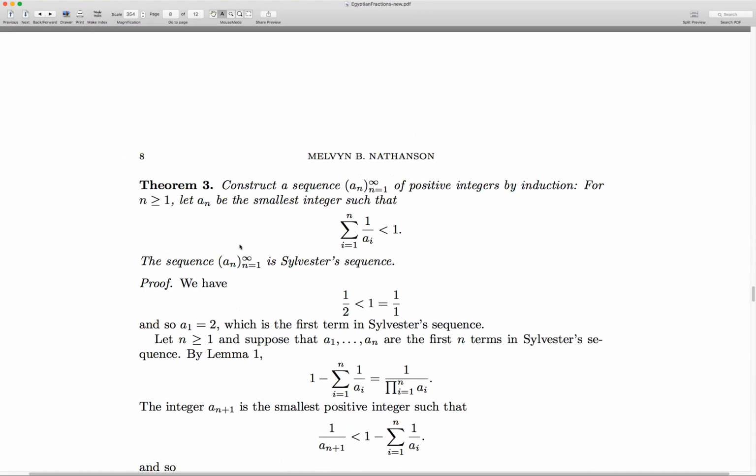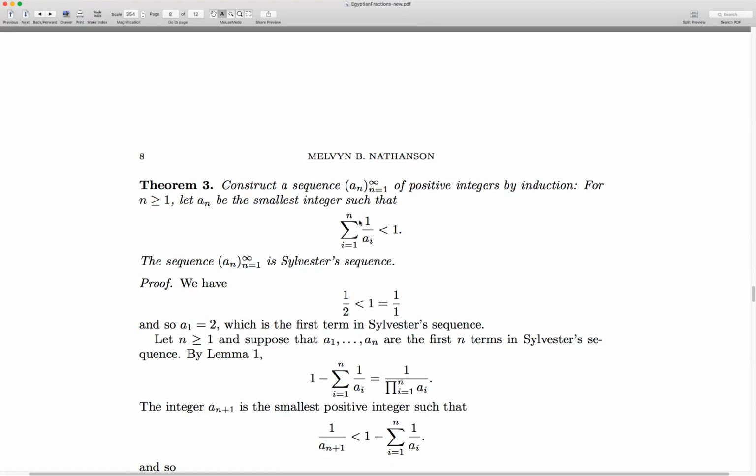Now, there's another way to get Sylvester's sequence, and that's the following. For every n, always let An be the smallest integer, which means the fraction 1 over An is the largest Egyptian fraction, such that the sum of these n Egyptian fractions is strictly less than 1.